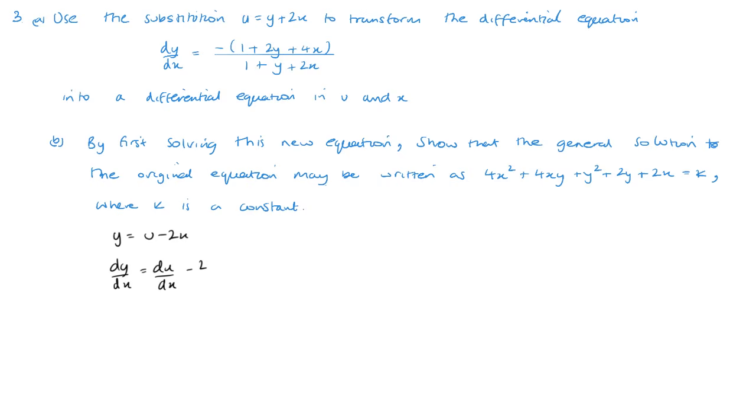So let's go ahead and substitute in. So dy by dx is du by dx minus 2, equals minus (1 plus 2y), so it's 2u minus 2x, plus 4x, over 1 plus u minus 2x plus 2x on the bottom.